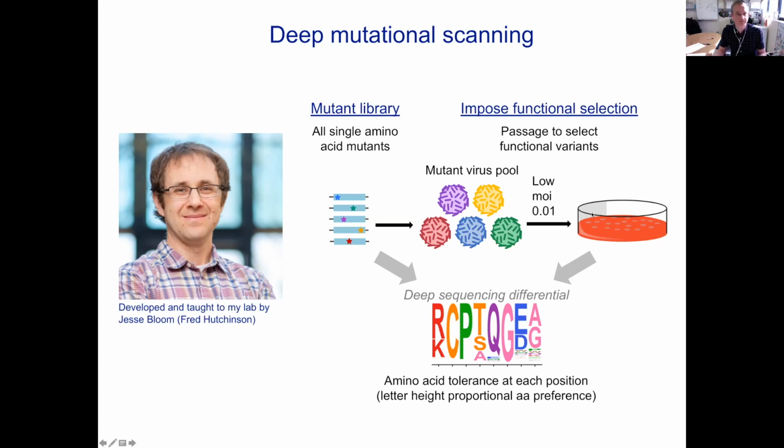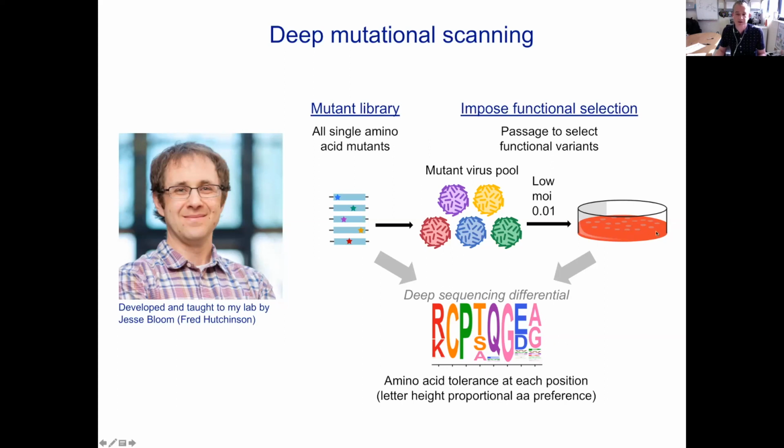If you screen that type of mutant virus pool in the right way, you can basically set up a competition assay where viruses are expanded directly proportional to their relative fitness.